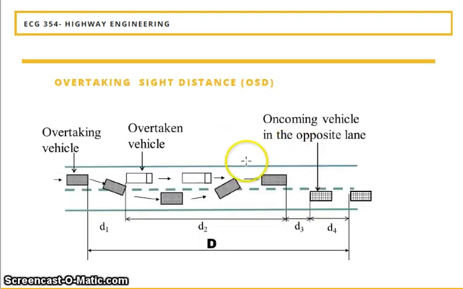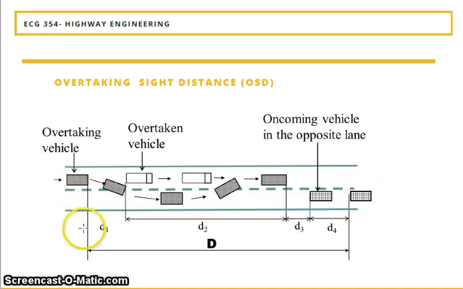Please look at this figure. The black one is the overtaking vehicle and the white one is the overtaken vehicle, and the vehicles are moving in these directions.